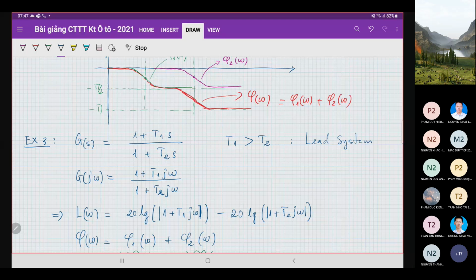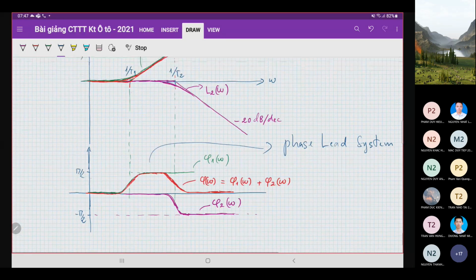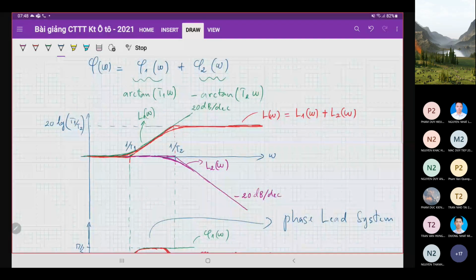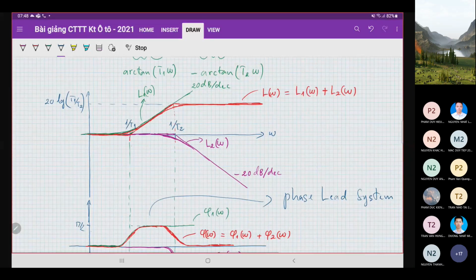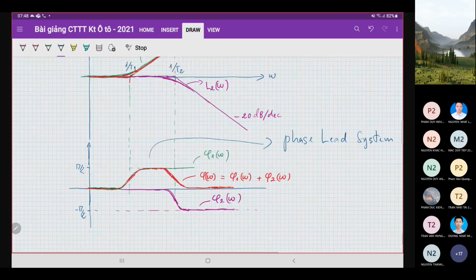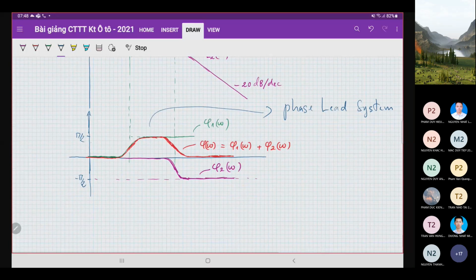When we add a lead system into the open loop, the magnitude of the whole system does not change significantly, but the phase of the output will be pushed into leading the phase of the input signal, by an amount up to pi over 2.